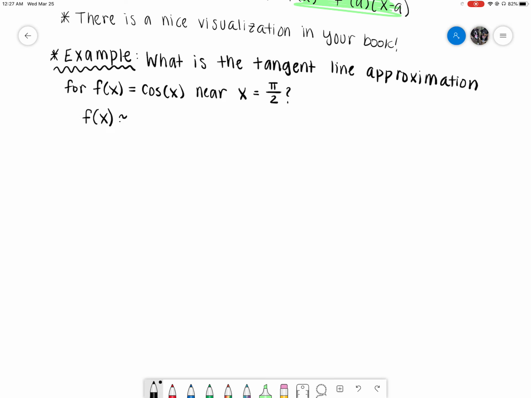Well, our definition from earlier tells us that that's going to be approximately f of pi over 2 plus f prime of pi over 2 times x minus pi over 2. Great, so we've got it written in terms of f's. Now we actually need to go find what are these values.